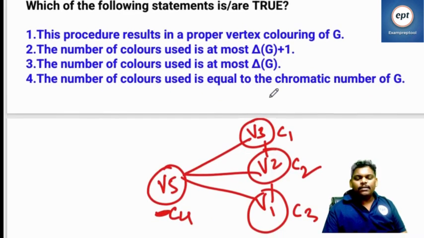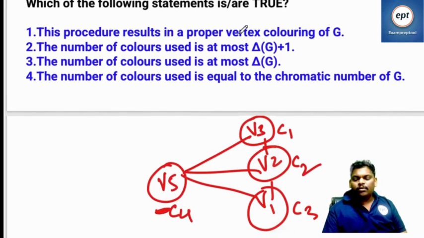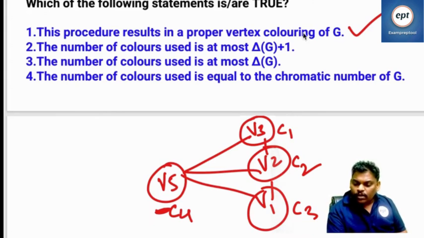Now the first statement says this procedure results in proper vertex coloring of G. Yes, perfect. The number of colors used is at most delta G plus 1. Of course.